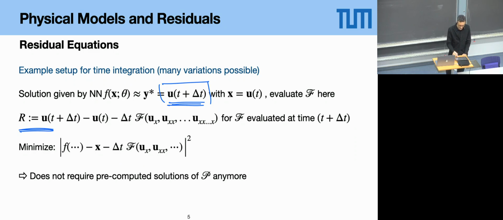And the other parts, like this time derivative here, are computed on the fly. Depending on how complicated it is, it might actually be quite costly to compute this f. More on that later. But in this form, we don't need to pre-compute much. We just train our network to satisfy whatever is encoded in this residual via f.